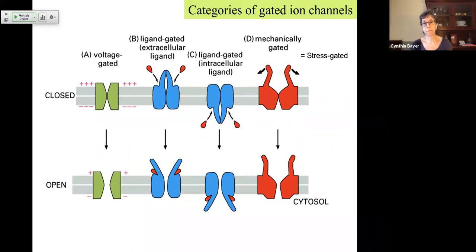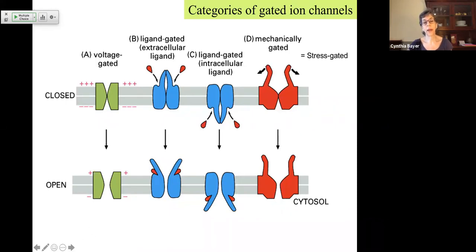All right, so what we're going to look at first today is an example of a mechanically gated ion channel. Those mechanically gated ion channels function in our organ of hearing.